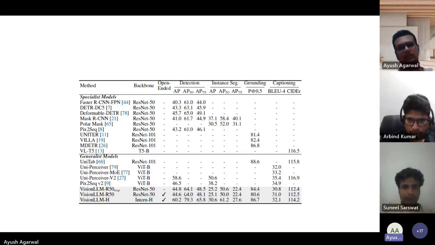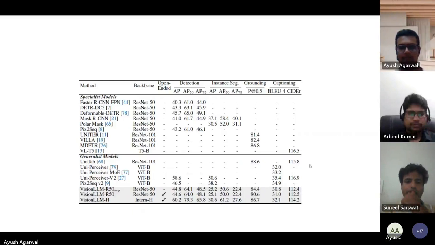What that essentially means is that it is trained on only one task, so the results for that are slightly better, not by very much. For captioning, the results were not that impressive, but for other tasks, they were pretty good.